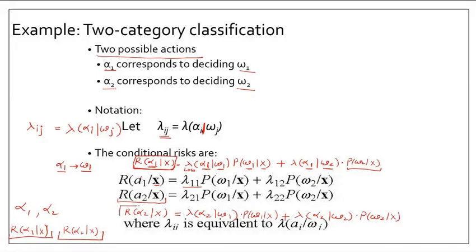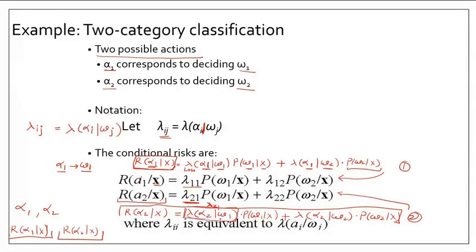Now these two equations, this one and the upper one, I can write in shorthand notation like this. So this is the same thing. This quantity we are writing as, say, lambda 2 1. So this lambda 2 1 is nothing but this thing, and this lambda 2 2 is nothing but this thing. Similarly we are writing lambda 1 1 and lambda 1 2.